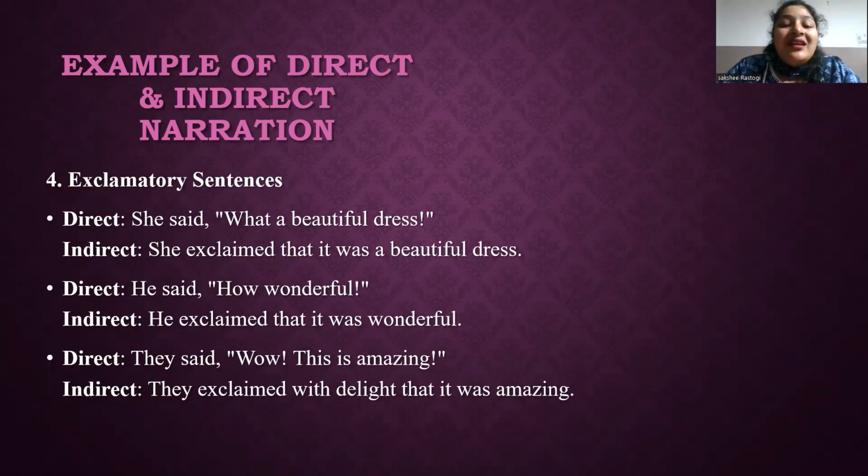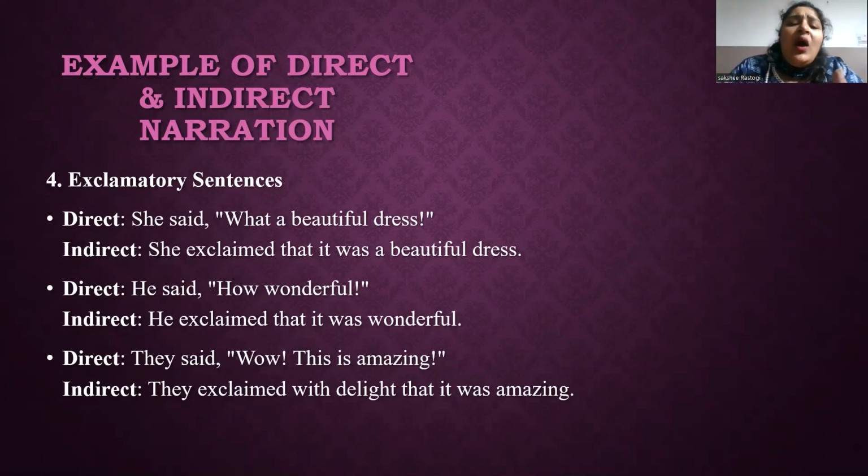What are nested exclamatory sentences, which come into direct and indirect narration? It means: exclaim to him, what a beautiful sunset it is, she said. This is direct narration because you're exclaiming to him that the sunset is so beautiful. She told him to exclaim that it was a beautiful sunset. This is indirect narration.